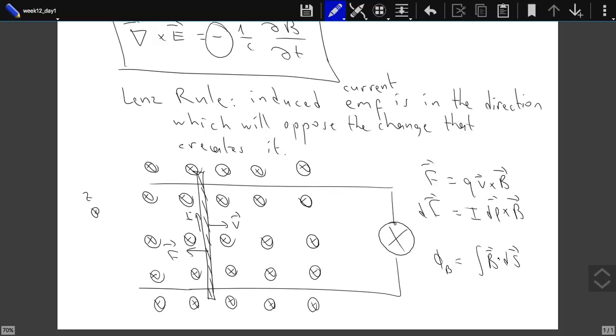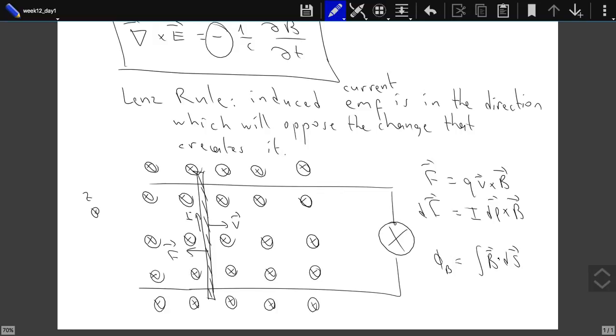against the Lenz's rule. Well, in a sense, the Lenz's rule is basically a statement of energy conservation. You see, for example, if the force was in the direction of V, then as the rod is moving, it will accelerate on its own. So it shouldn't be.